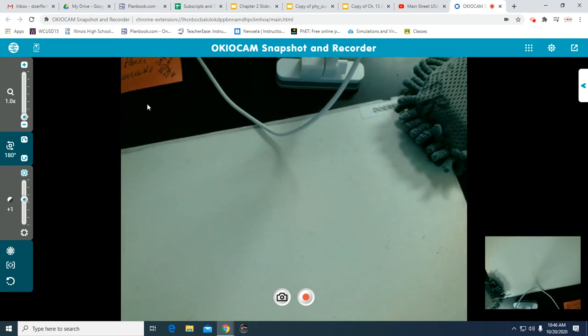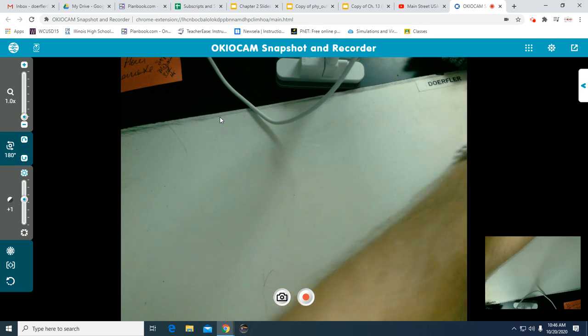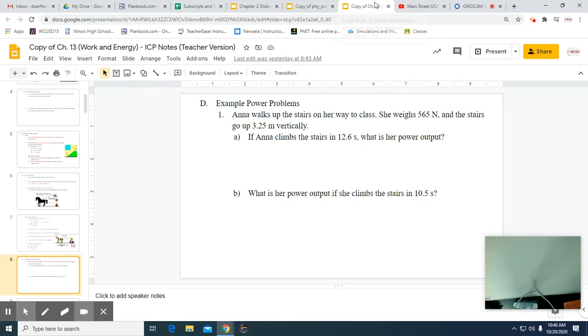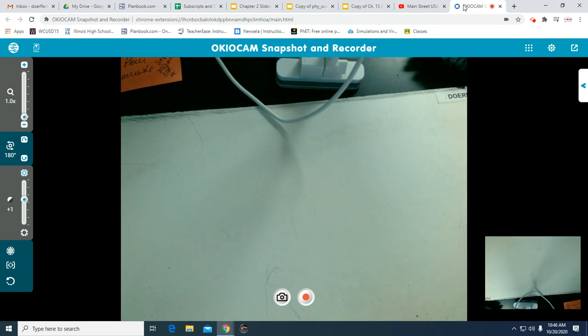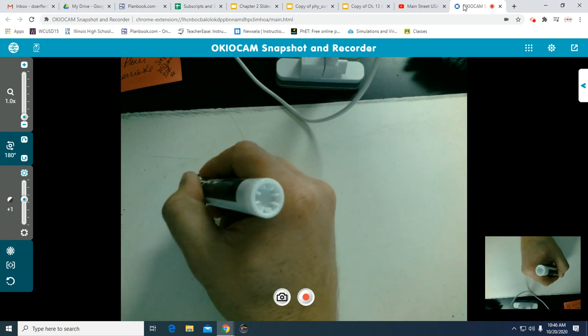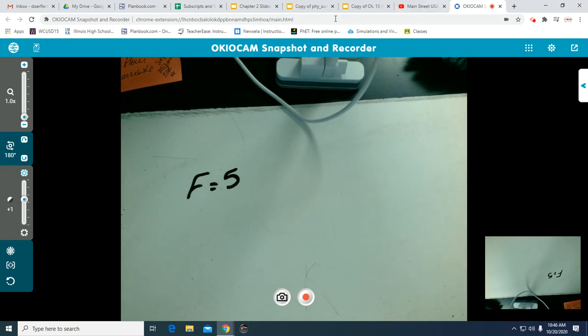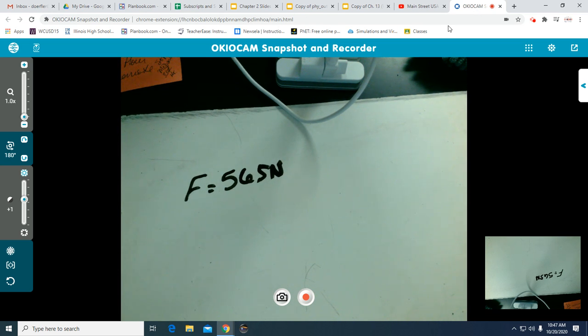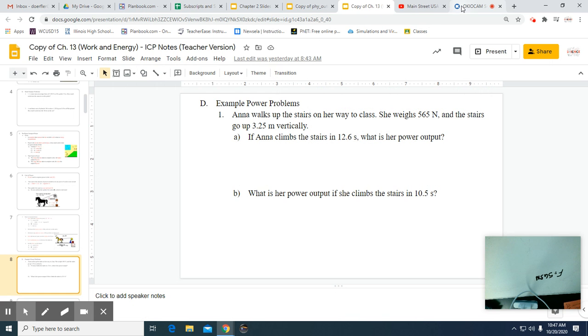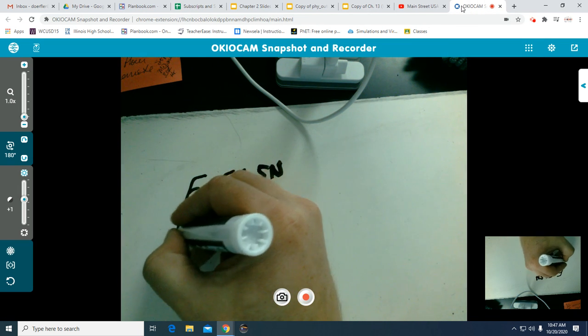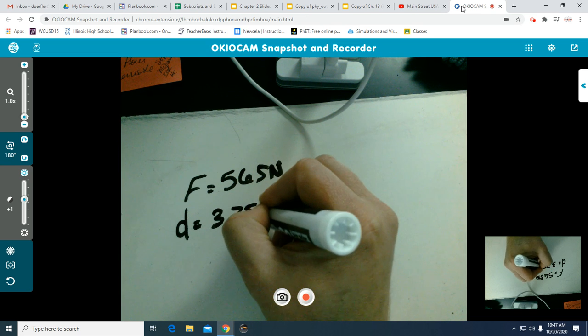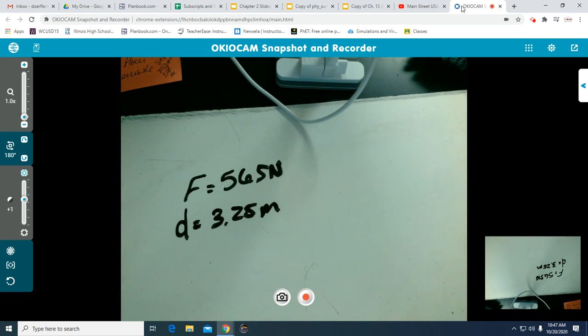So what do we know? I know that I need more room up here. All right. We know that Anna weighs 565 newtons, so I'm just going to jot that down as an F. 565 newtons. Okay. We also know that she climbs a set of stairs that is 3.25 meters vertically.